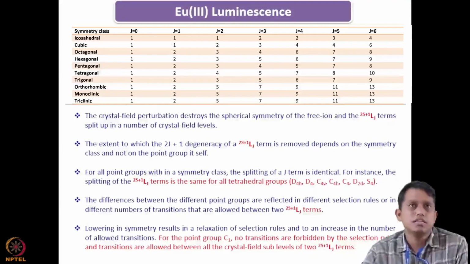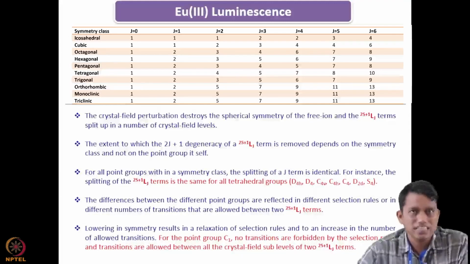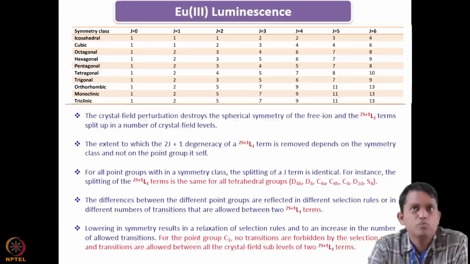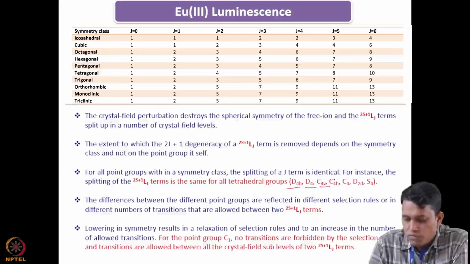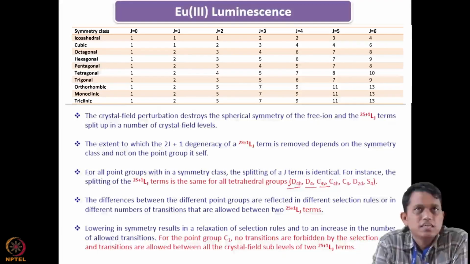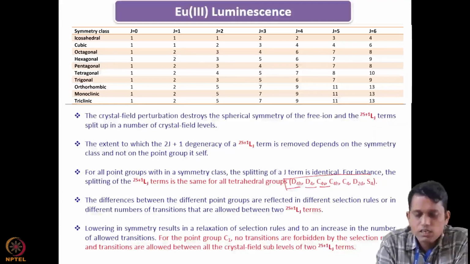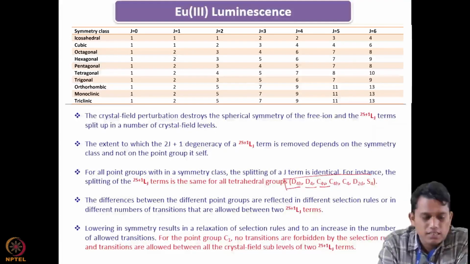One thing you have to take care of is that you can only tell the symmetry class. You may not be able to tell the exact point group it belongs to, because for a given point group the splitting pattern is identical. So you may not be able to get exactly whether it is D4h, D4 or D4v, but you can certainly say, suppose you have this splitting where the first peak is a single peak, and this is 2 and this is 4, with this kind of splitting pattern you can definitely tell that the europium is in a tetragonal environment.